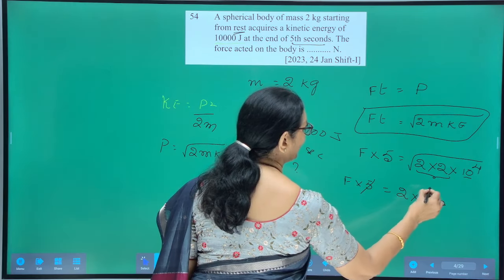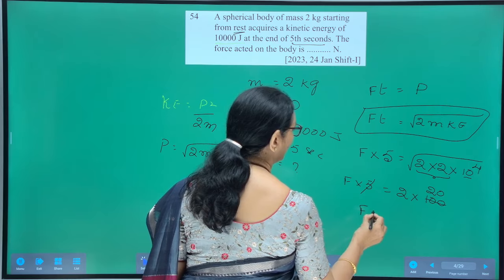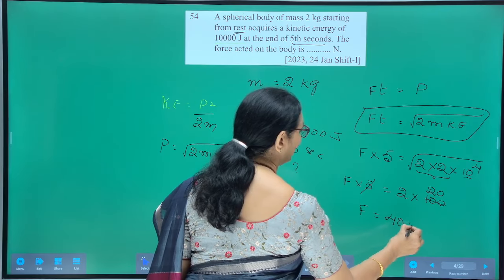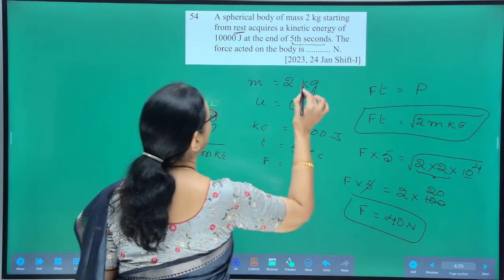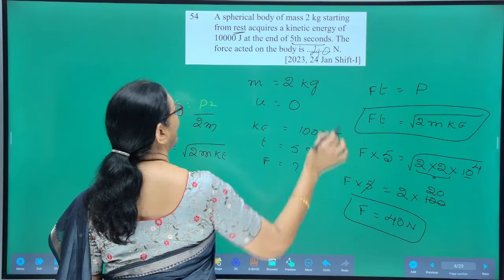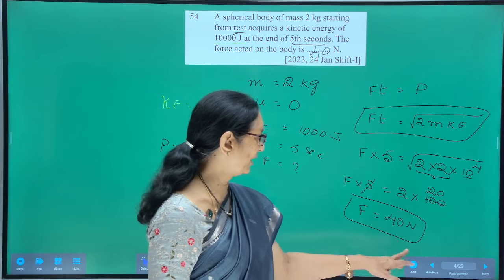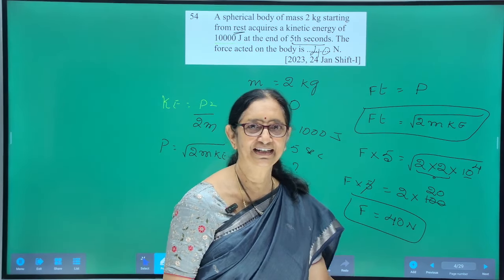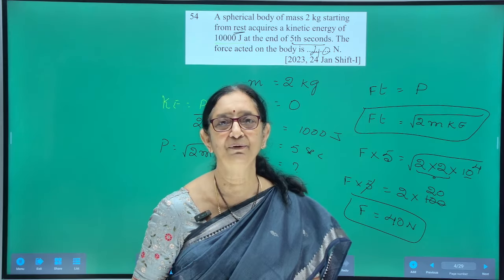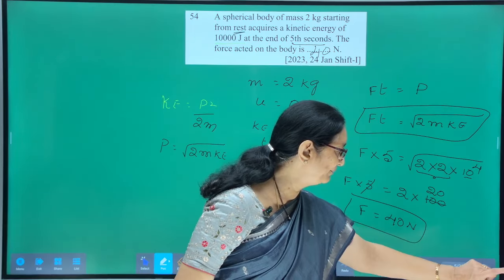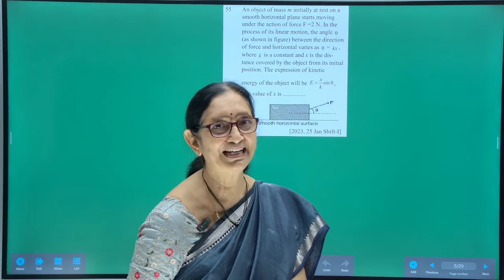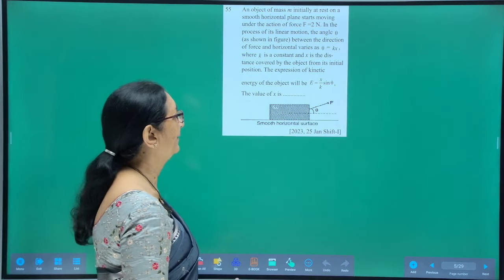So, 5 gets cancelled, 20 times 2 is 40. So, the force acting on it is 40 Newton. So, the numerical value for our problem is 40, right. So, force into time of action is the impulse, which is equal to change in momentum or gain in momentum.